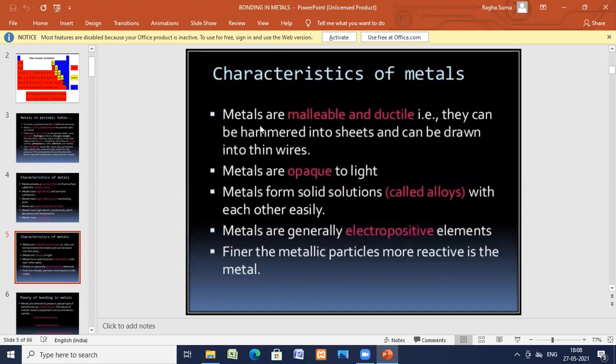The metals are also malleable and ductile. They can be hammered into sheets and drawn into thin wires.